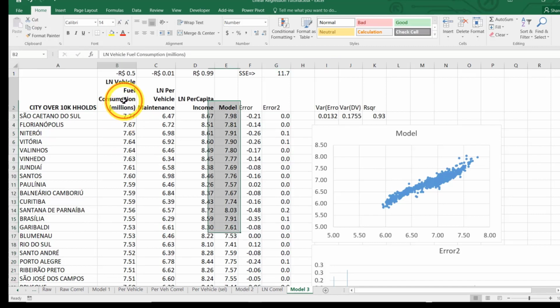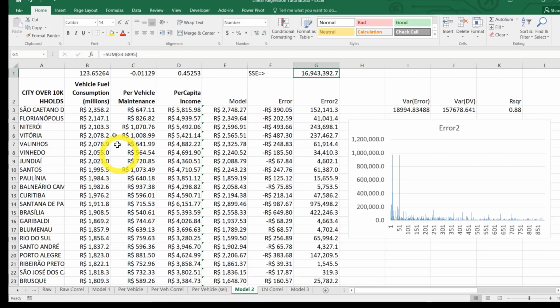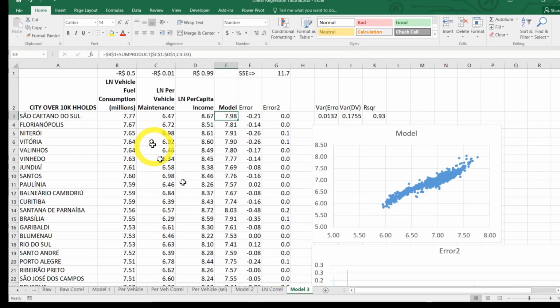Here I have the data where I took the log of fuel consumption, the dependent variable, and also took the log of the two predictors, vehicle maintenance and per capita income. This data is essentially the same data as in my model 2, the one that we were discussing. The only thing I did here was take the log of columns B, C, and D. And this is what we have here, the log of columns B, C, and D.